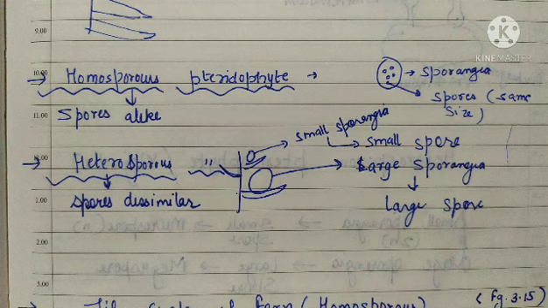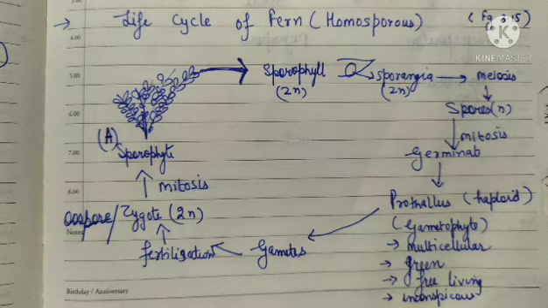So the spores are similar in size, and that condition is referred to as homosporous. In a heterosporous pteridophyte, the spores will be of two types: one will be large, the other one will be small. So small and large spores are present in heterosporous pteridophytes, that is, the spores are dissimilar.